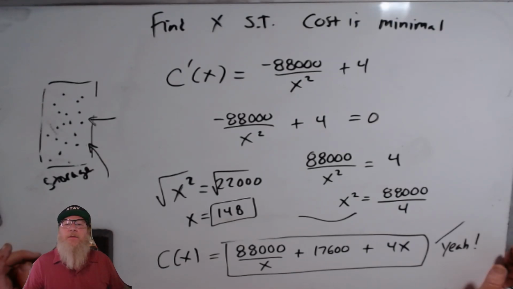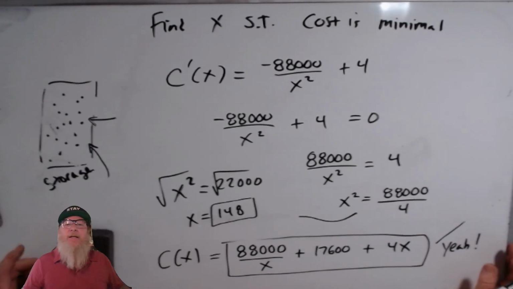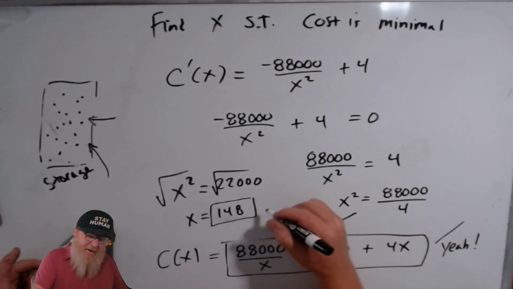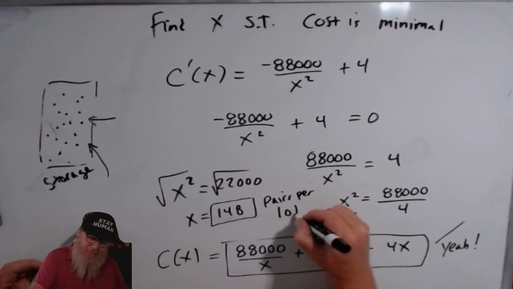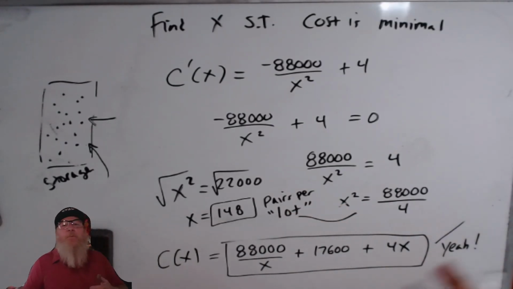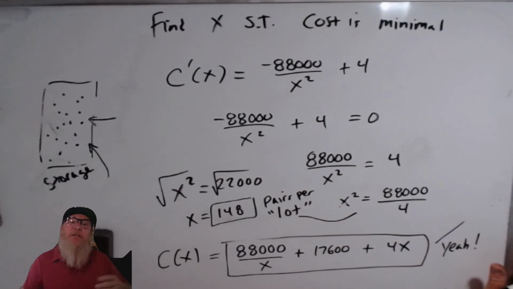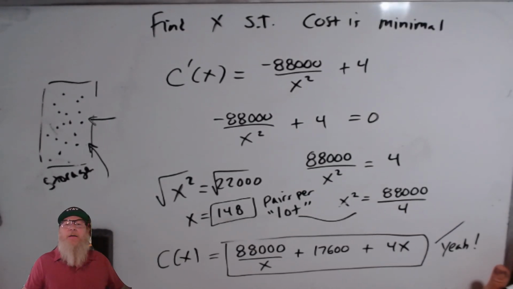There we go. Well, that's it. So 148 pairs per lot, or per order. That's a lot of shoes. Get it? I'll be here all week, folks. So you're going to order 148 pairs in each lot, and then that will minimize your storage cost.